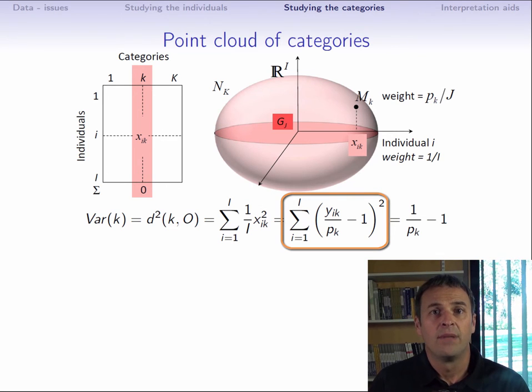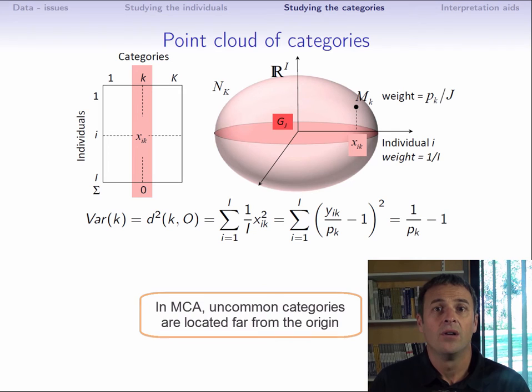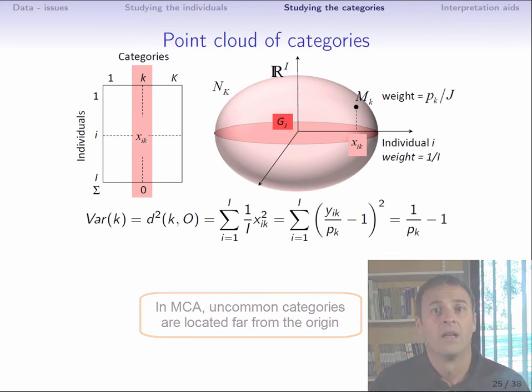When all has been calculated, we get 1 over p_k minus 1. This means that the distance between a point M_k representing category k and the origin becomes larger as the category becomes less common. In multiple correspondence analysis, uncommon categories are located far from the origin.